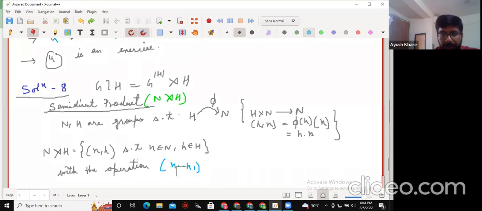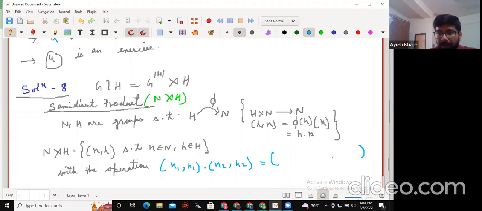If I am having elements, say n1 h1 and n2 h2, what should be the composition of that? n1 comma h1 dot n2 comma h2 is... see, no need to get stressed that this definition is very weird looking.